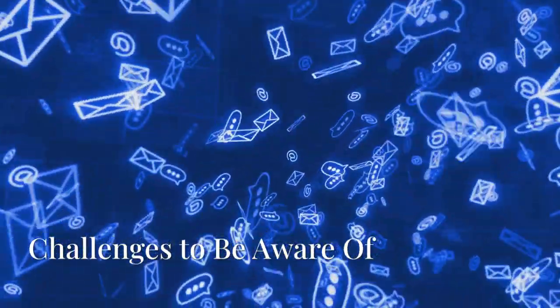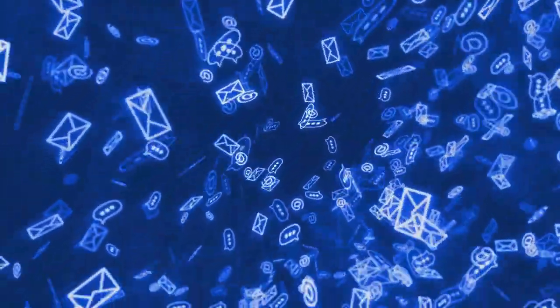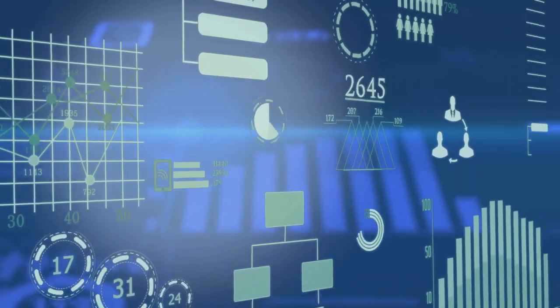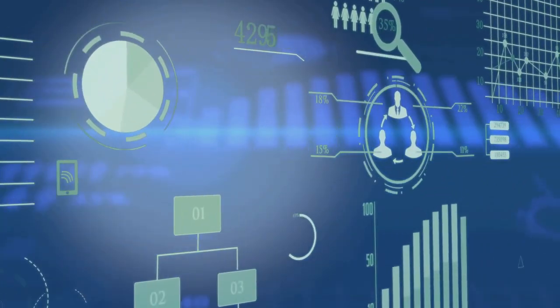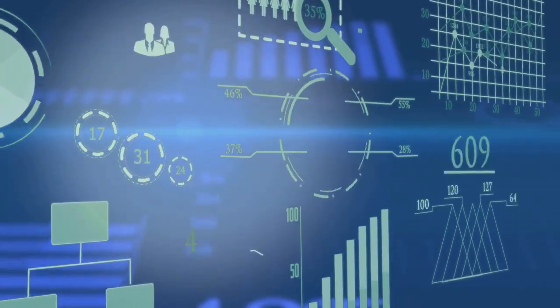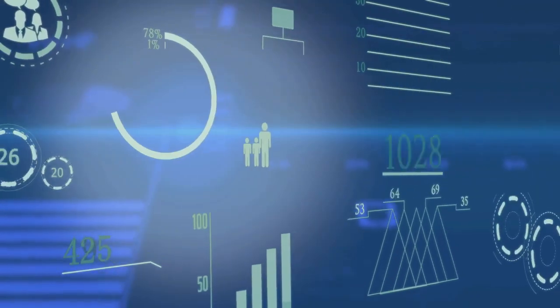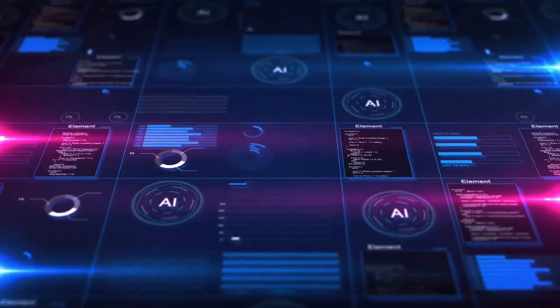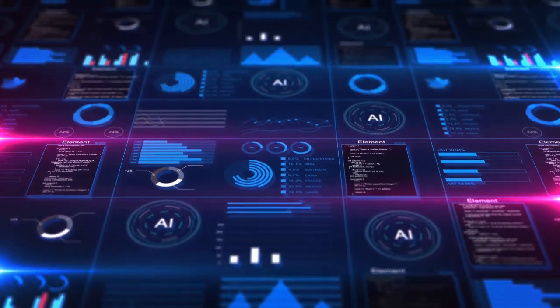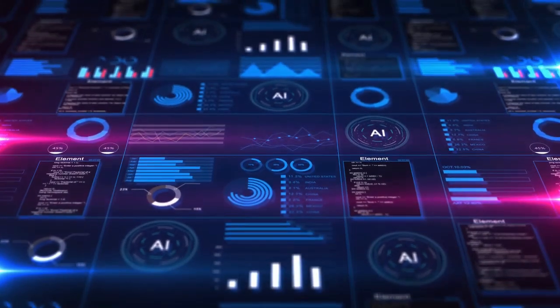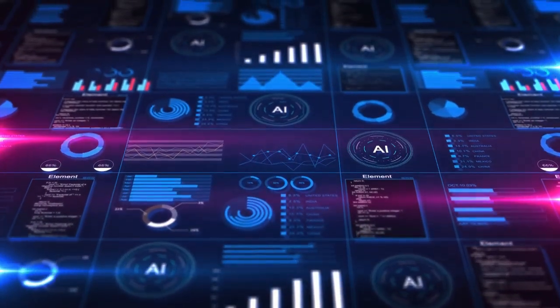So, as amazing as these tools are, there are a few things to keep in mind. First up, privacy. AI features may access content in your documents or emails, so always use secure, authorized devices. Then there's accuracy. AI might not always understand the full context, so it's a good idea to review what it generates.